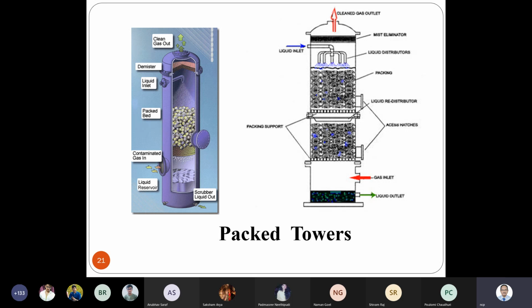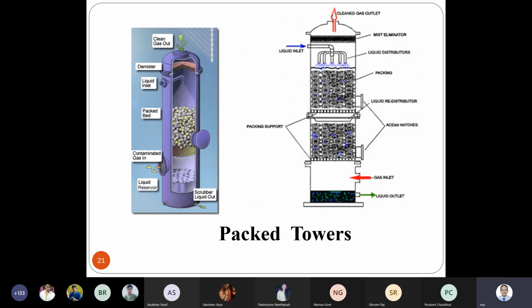In a regularly packed tower, these materials are arranged in a particular fashion, and mostly for small diameter towers that is not possible. If it is a large diameter tower, we can use a large size of packing, then we can arrange one after another. But the problem with random packing is that here the void space is less.